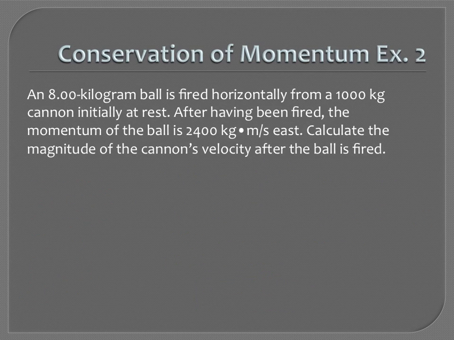Alright, so this time we have a cannon at rest with a cannonball inside the cannon. Then it exploded and both objects move in opposite directions. So this is an explosion type of problem, meaning they both start at rest and then they explode, giving a velocity. So let's start. M1 for the ball is 8 kilograms. M2 for the cannon is 1,000.